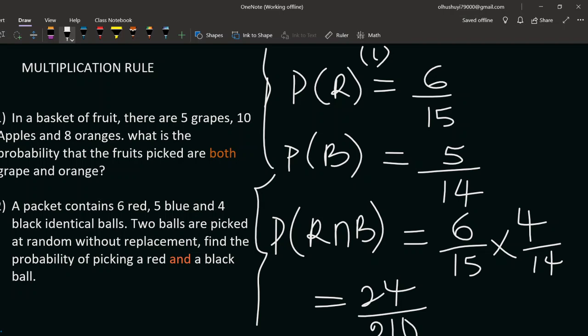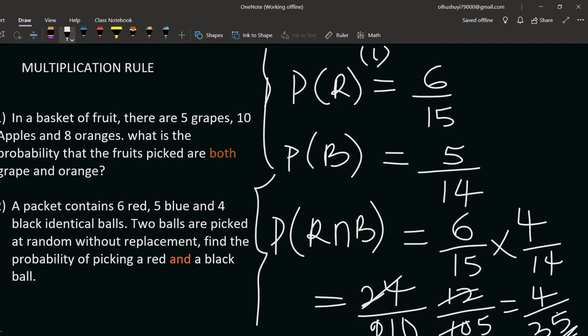We can still break that down. Dividing by 2, here we have 12, and in 210 we have 105. Dividing by 3, here we have 4, and in 105 we have 35.